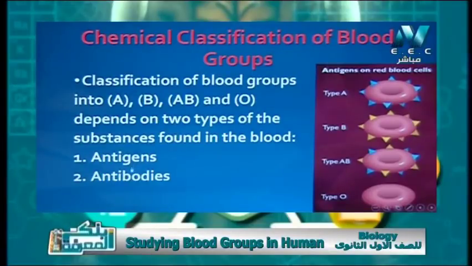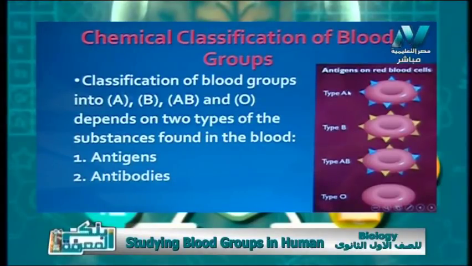The other substance is the antibodies. The antibodies are present in the plasma of the blood. So the person who is blood group A has antibodies in his plasma against the different type of antigen. So he has antibodies against the B antigen.